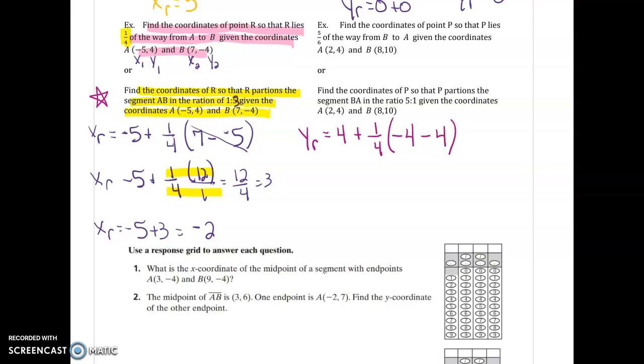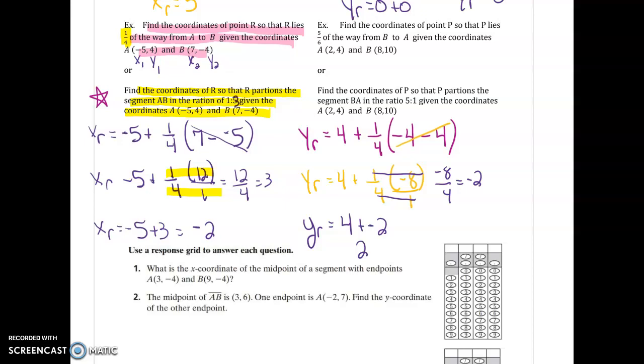Now I'll do the order of operations. So -4, take away 4 more, is -8. Then I multiply across: -8 over 4. Divide that, and I get -2. To find my y coordinate of where I end up, I take 4, add that -2, and I end up at 2.